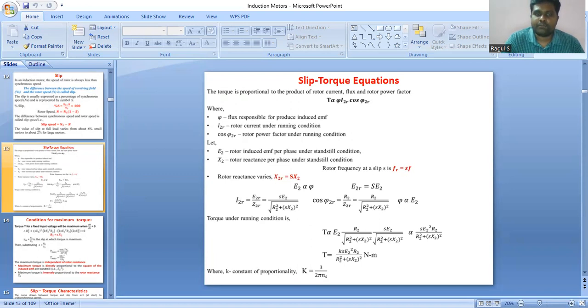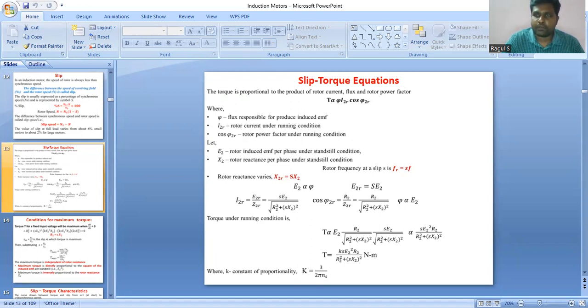So the maximum torque is independent of the rotor resistance, because the maximum torque is directly proportional to the square of the induced EMF, that is E2 squared. At the same time, the maximum torque is inversely proportional to the rotor reactance.